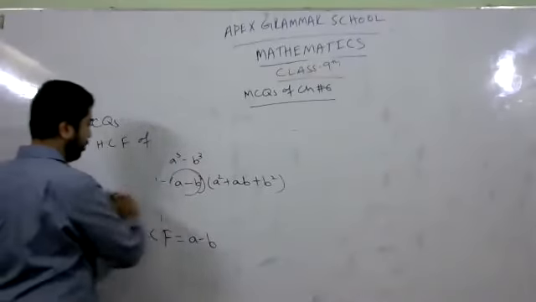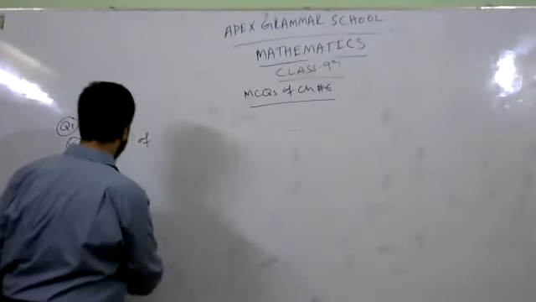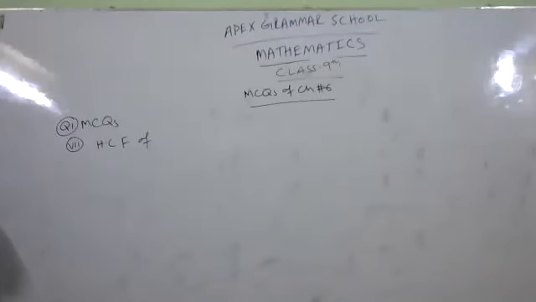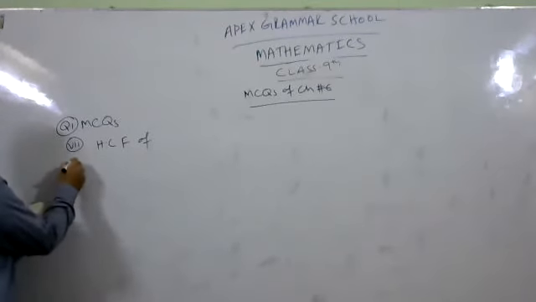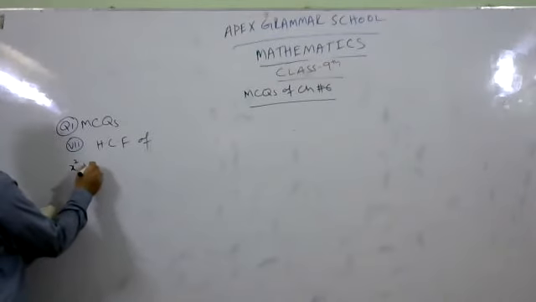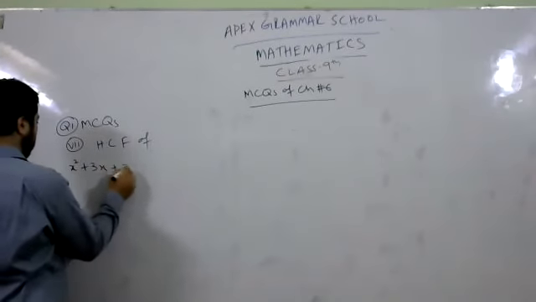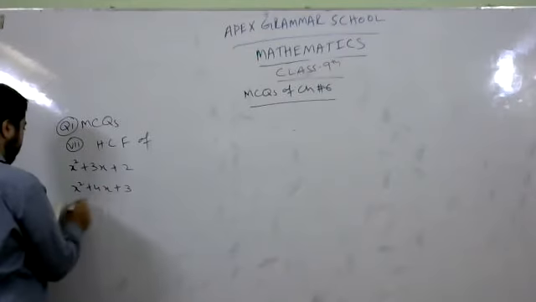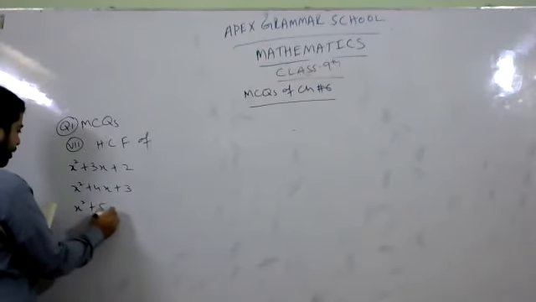For HCF, part 7 is to find the HCF of x square plus 3x plus 2, x square plus 4x plus 3 and x square plus 5x plus 4.